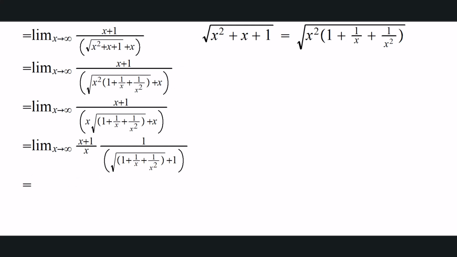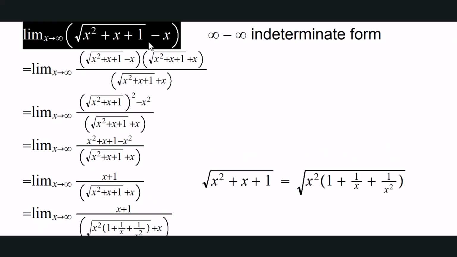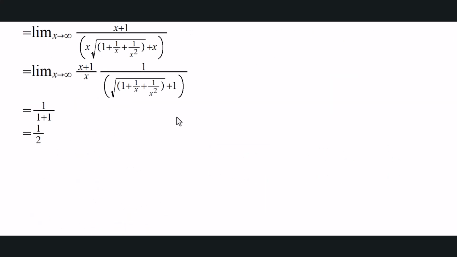So 1 over 1 plus 1, which is going to be how much? 1 over 2, as was suggested by Desmos. So this is a way to determine that the limit we were trying to calculate equals 1/2.